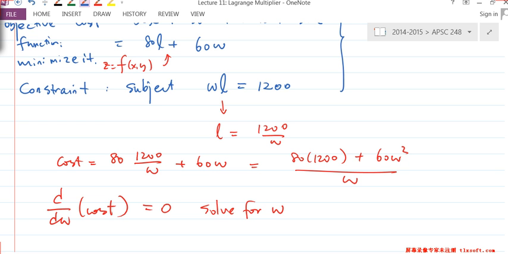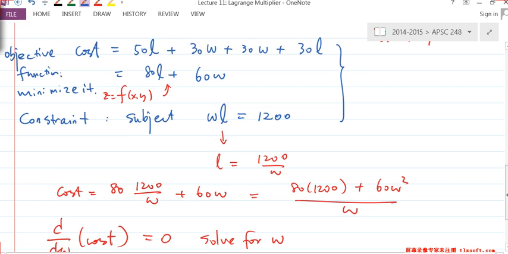In this particular case, you're going to guarantee it's going to be a minimizing problem, but mathematically, for the value that you get for W, you need to do a second derivative test to see whether it's a minimum value or maximum value. So that's basically a very typical substitution problem to solve this one here.